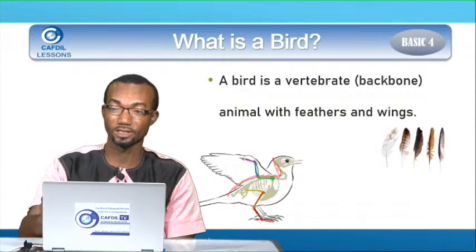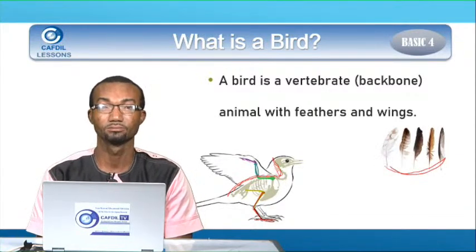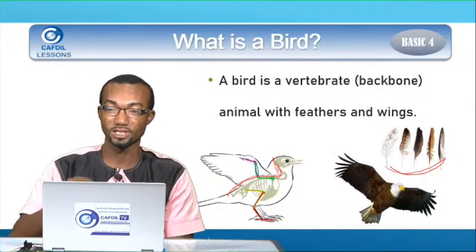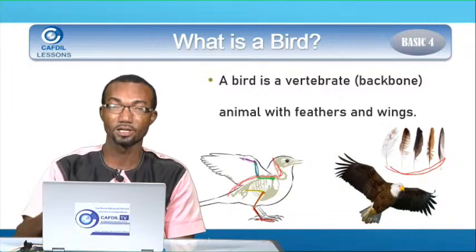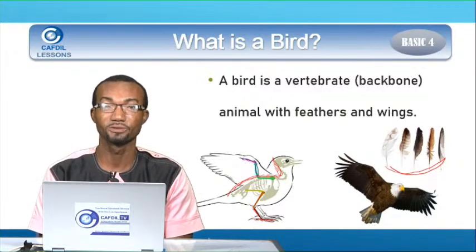And as you see on the screen, you see feathers here. And then they also have wings. So a bird is a vertebrate, that is an animal with backbone, with feathers and wings.